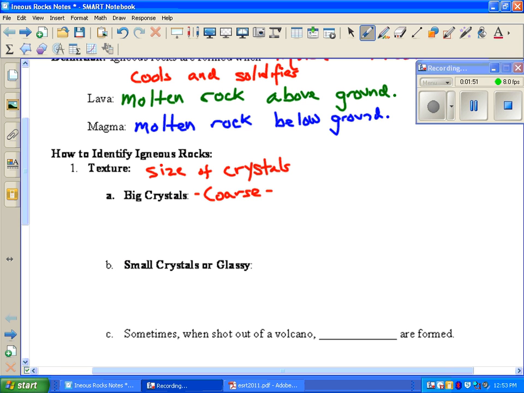We know that it cooled slowly because those crystals take a long, long time to grow. So if they've grown big, it took a long time, so they cooled slowly. And that happens underground.